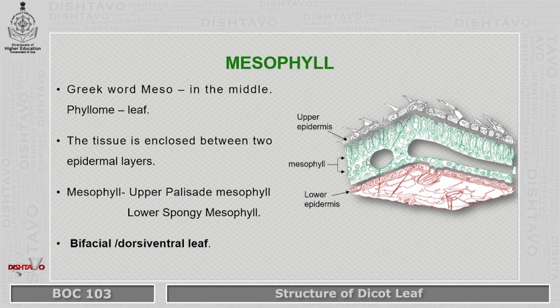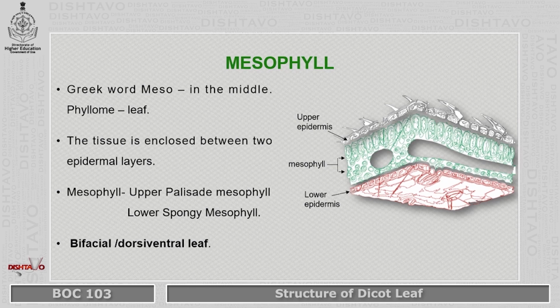Therefore, we call this tissue the mesophyll tissue. Mesophyll is differentiated into two, that is upper palisade and the lower spongy. When the leaf is differentiated into upper palisade and lower spongy, we call such leaves bifacial or dorsiventral leaf.